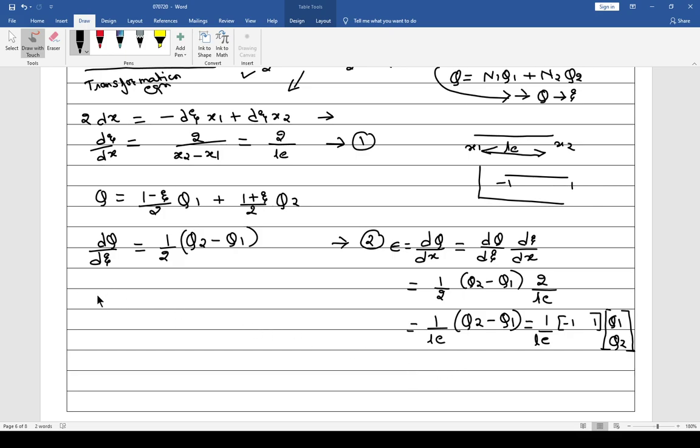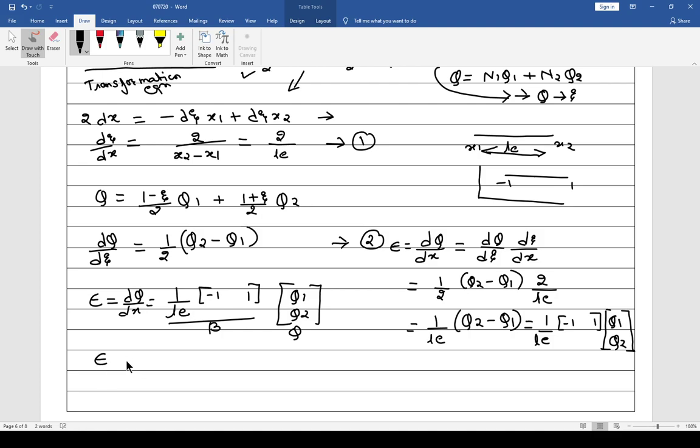From this I can write my strain, which is dq by dx, equal to 1 by L [minus 1, 1] multiplied by [q1, q2]. So this forms my B matrix and this forms my Q matrix.